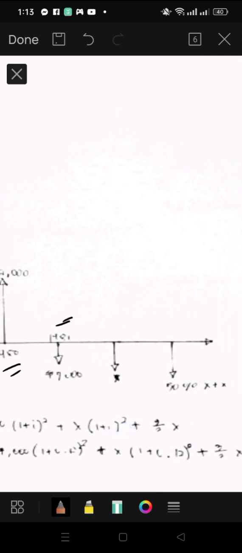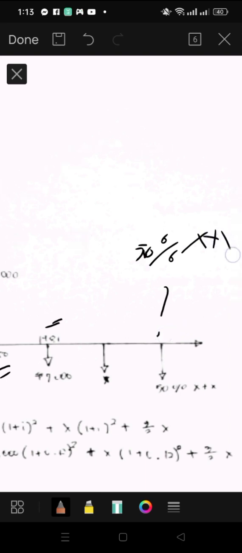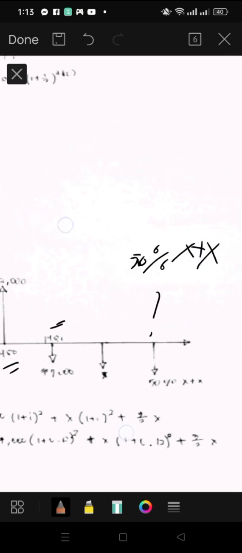The unknown, or the required, is x in 1982, and in 1983 it is 50% more, so x plus x, since it is double the first payment.